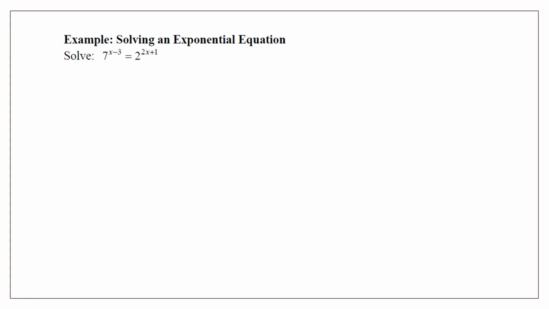All right, so now that we have that practice, let's solve some more complex exponential equations. So here we have 7 to the power x minus 3 equals 2 to the power 2x plus 1. Okay, so I cannot make my base 7 look like my base 2 or my base 2 look like my base 7.